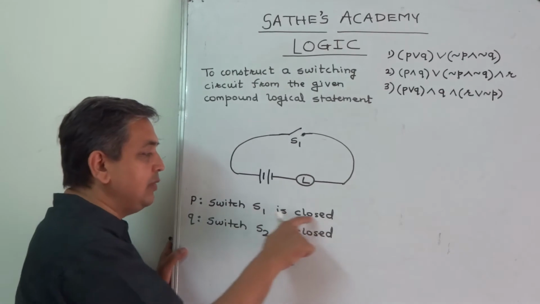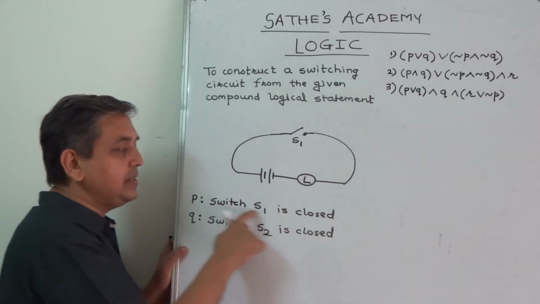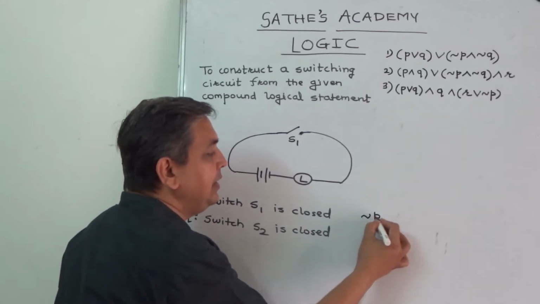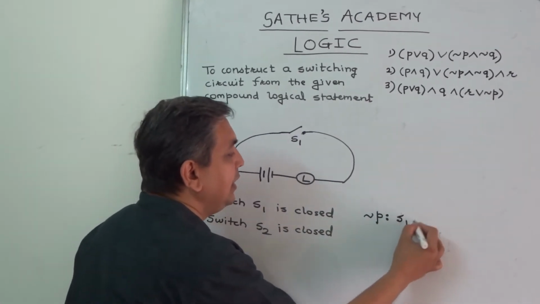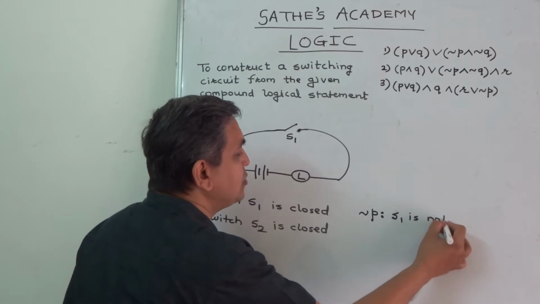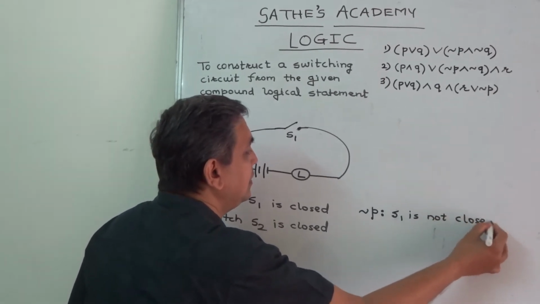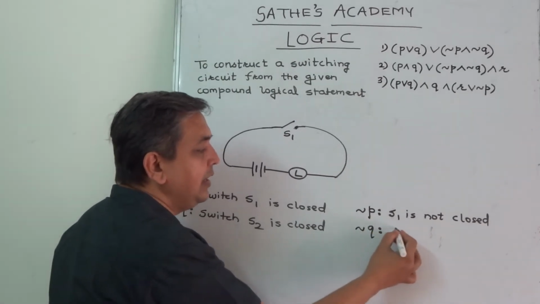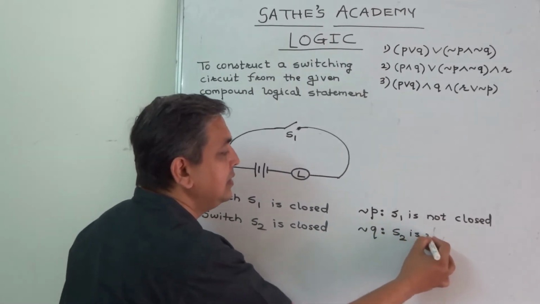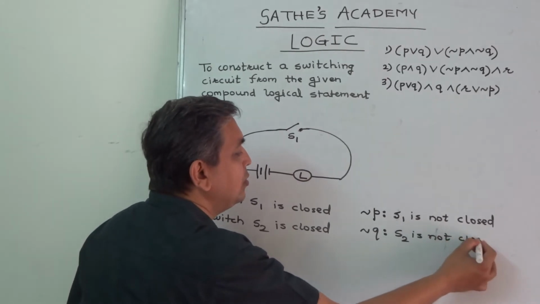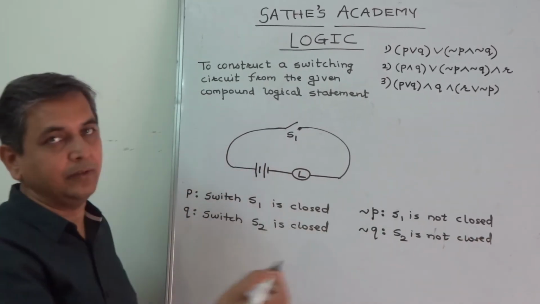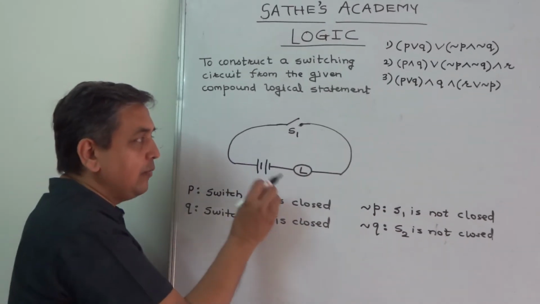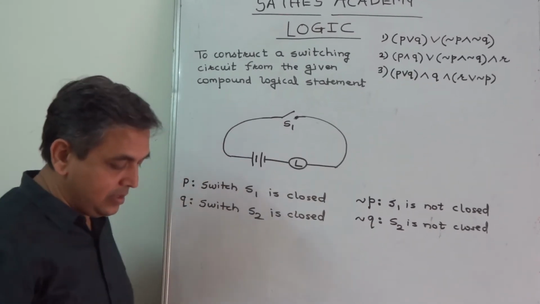Now when switch S1 is closed is P, its negation, negation P, will give S1 is not closed, and similarly negation Q will read as S2 is not closed or open. So is this clear? Application of logic to a circuit.